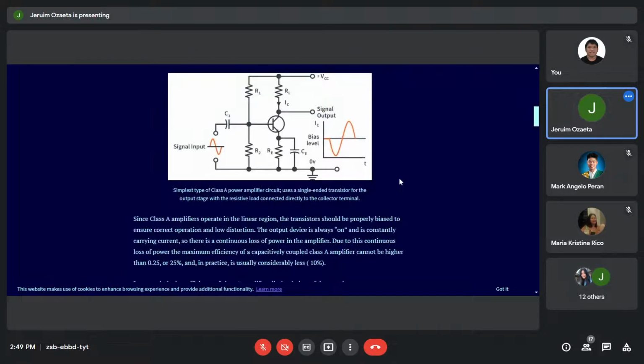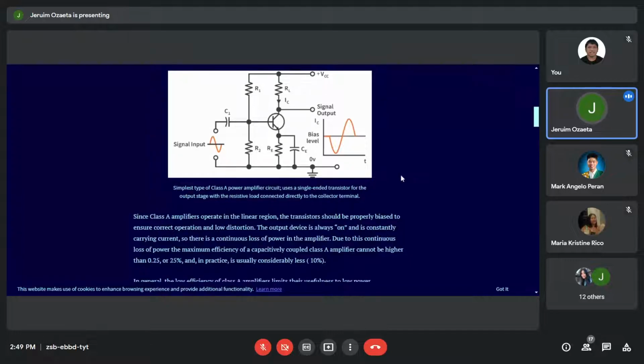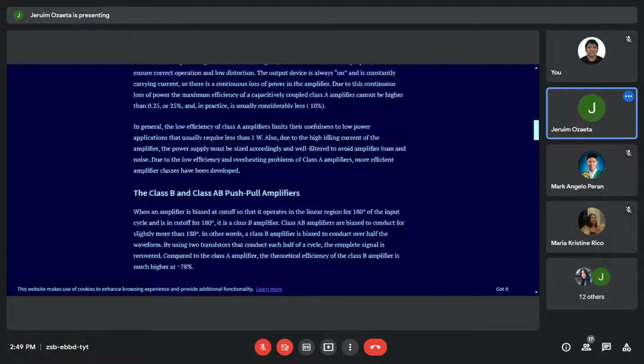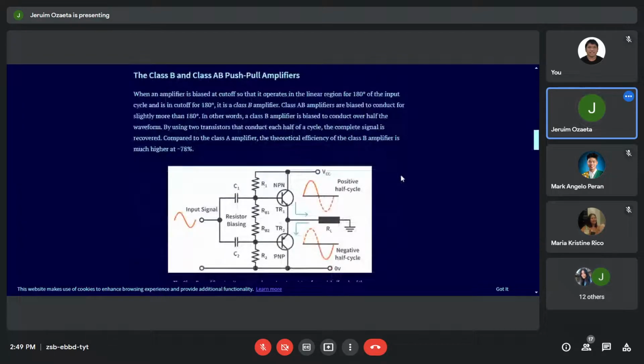So we expect that the transistor here is operating at a linear region, meaning to say the output is proportional to the characteristic of the input. So if a sinusoidal signal enters the input, a sinusoidal signal also comes out at the output, except that it is inverted, meaning 180 degrees out of phase.